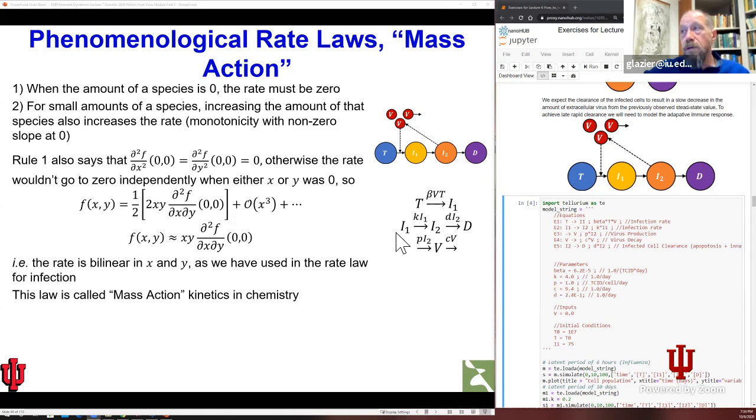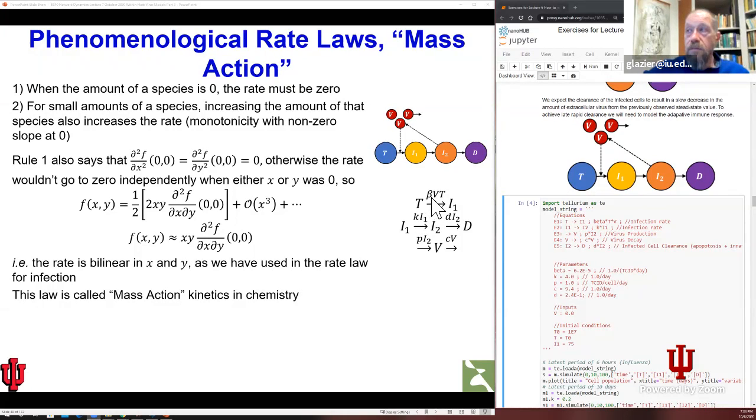And that means that the lowest order term has to be what's called bilinear. That is, it's x times y times a constant. And that means to satisfy the rule that the value of either species being 0 makes the rate 0, and increasing either one gives me a positive slope, the lowest order result is xy times a constant.